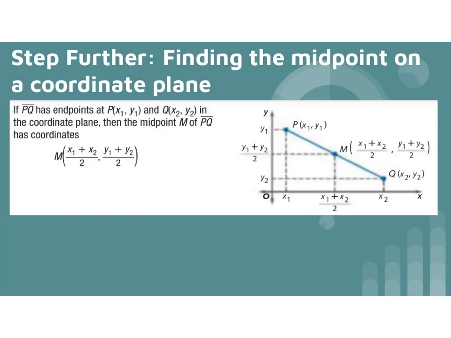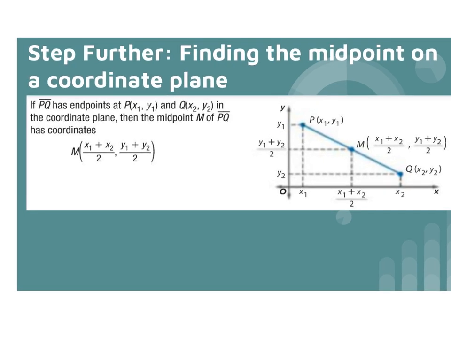Again, let's take this a step further and find the midpoint on a coordinate plane. So our formula for the midpoint is going to be similar. To find the x coordinate of the midpoint, we use what we'd use for a line. But since we have a y component now, we need to do that as well.